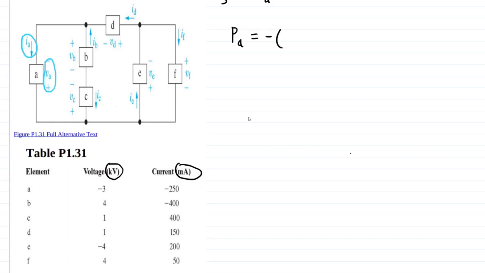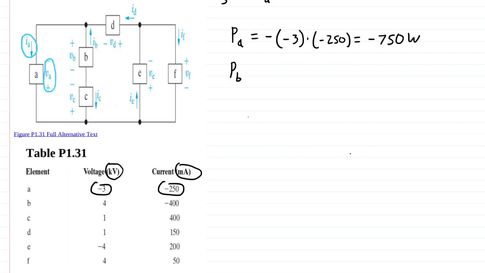So we could just take the magnitudes of these. We don't have to worry about converting and saying this is 0.25 amps or this is 3,000 volts. So anyway, I'm going to put negative 3 times negative 250, and you should get negative 750 watts supplied.